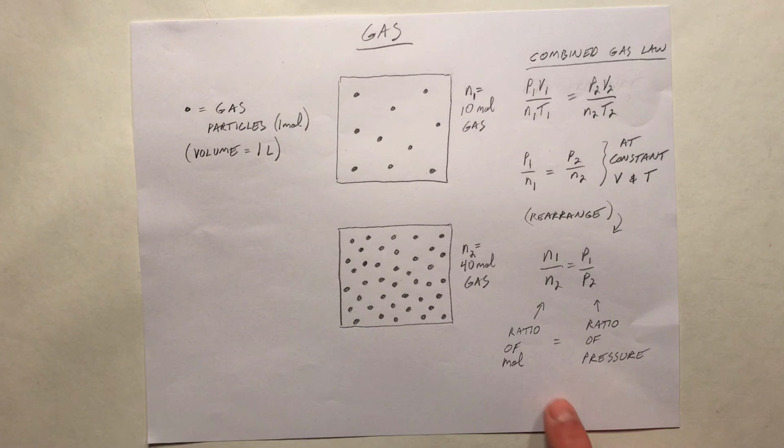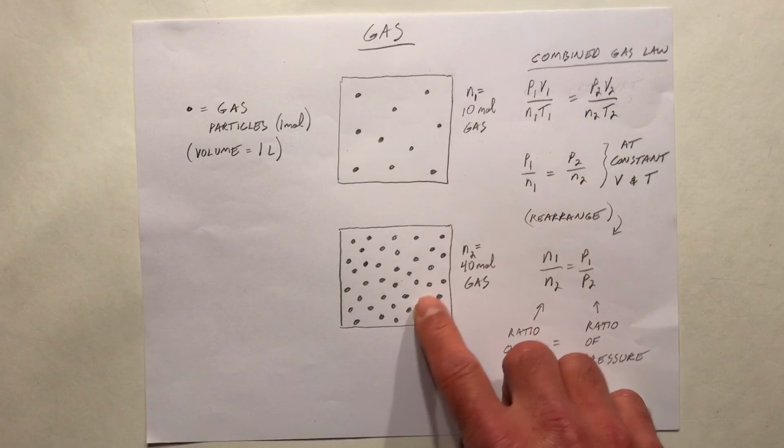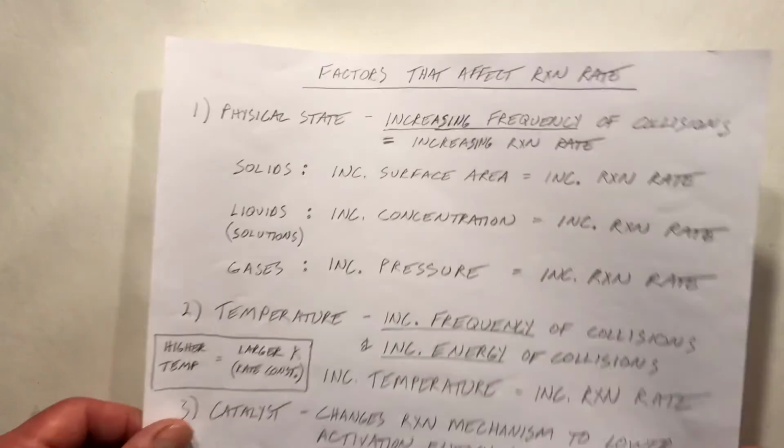So we can say that the ratio of the number of moles is always proportional to the ratio of the pressure. If you increase the number of moles by a factor of 4, the pressure would increase by a factor of 4. And that's why we can use pressure when we're dealing with gases, and say that increasing pressure would increase reaction rate.